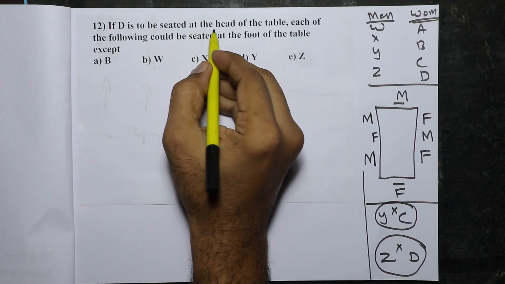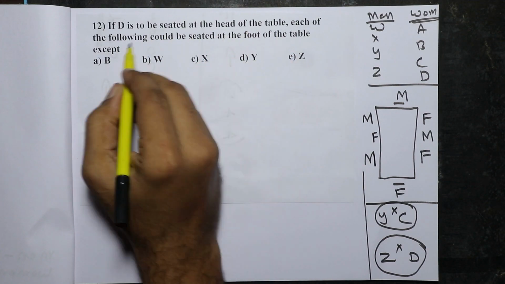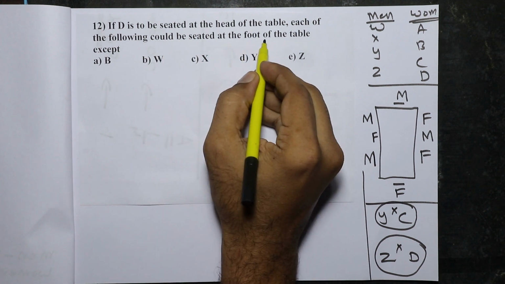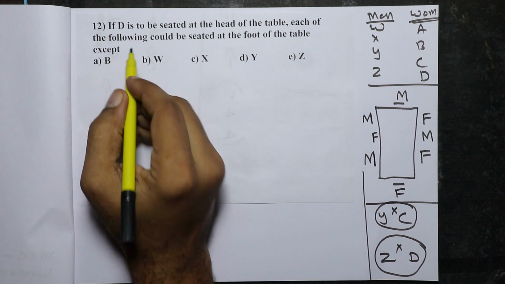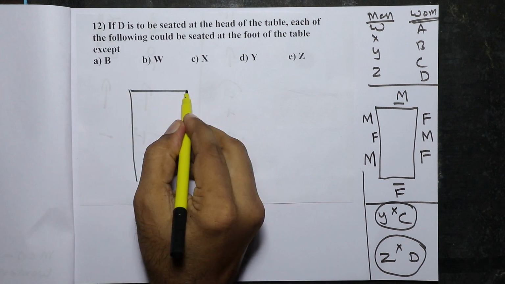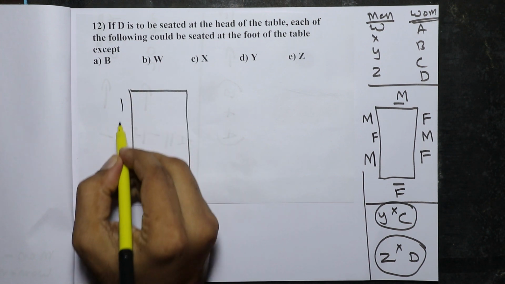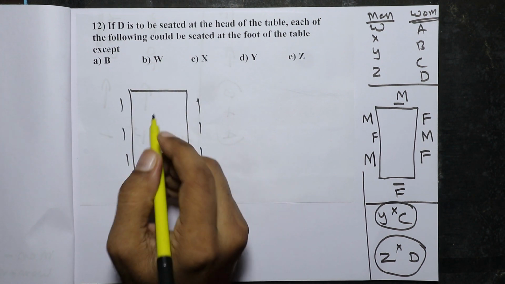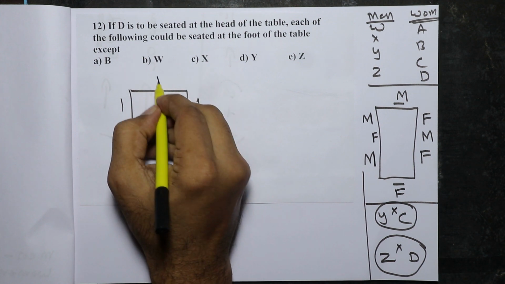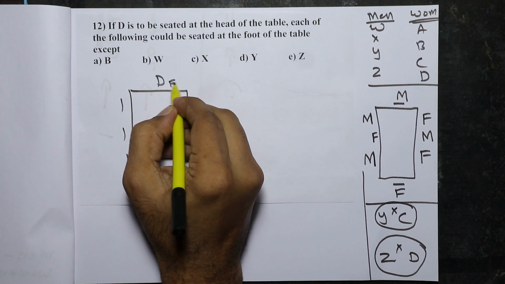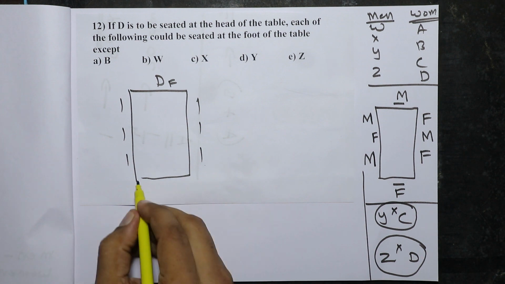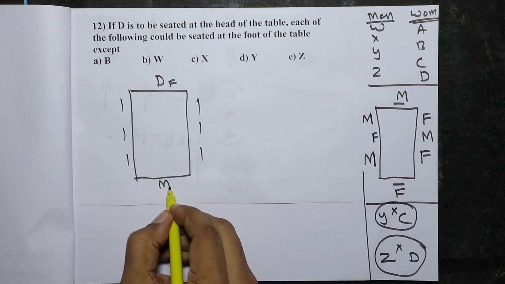If D is to be seated at the head of the table, each of the following could be seated at the foot of the table except. So we have the table like this. Here you have 3 people, here you have 3 people and at the head of the table you have D and D is female. So at the foot of the table there should be a male.